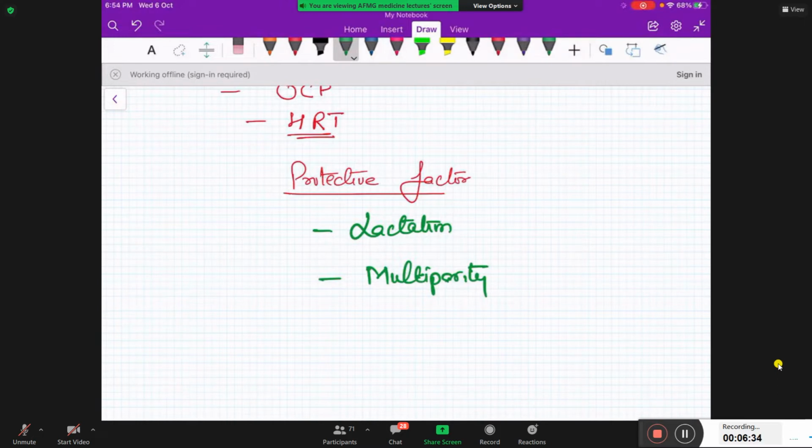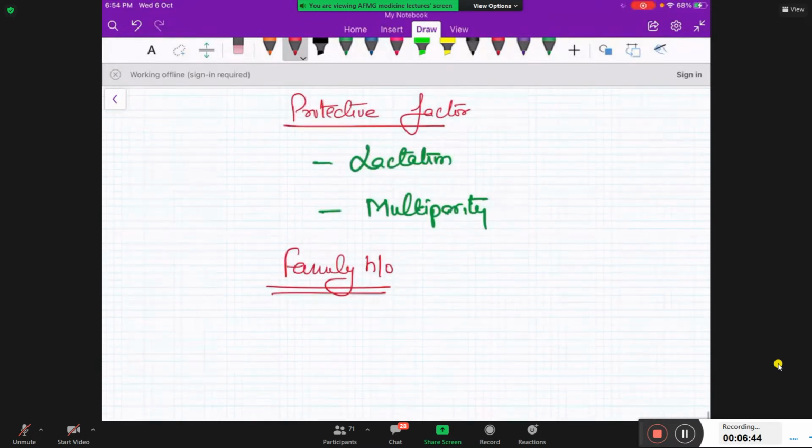Right, now we should know a few points about family history. First of all, very important, very commonly checked, and there is a lot of confusion on this.